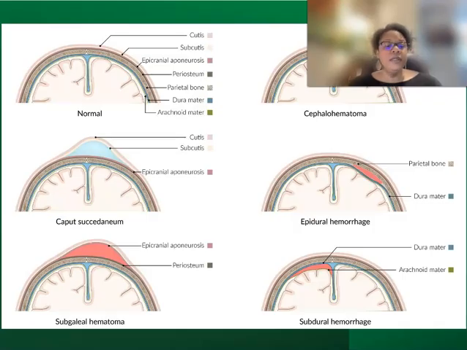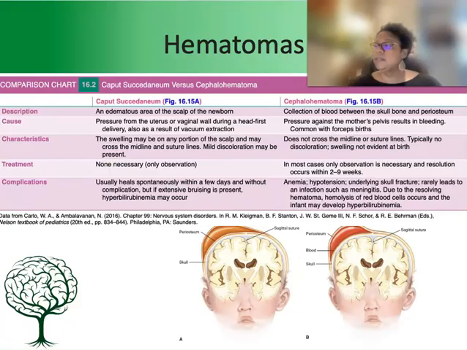And I think this is an image. I want to jump to the next slide first to show you this, because these kind of go together. So I want you to focus on these two, the caput and then the cephalohematoma.